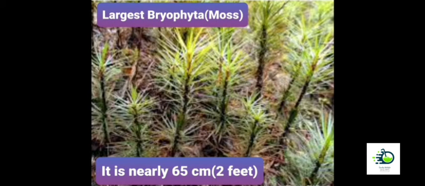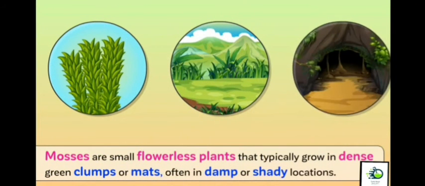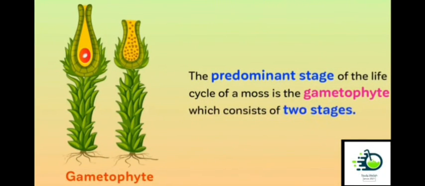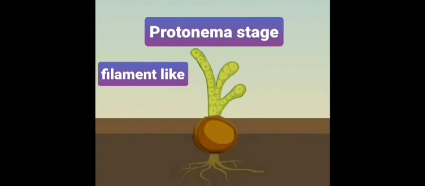Mosses are small flowerless plants that typically grow in dense green clumps or mats, often in damp or shady locations. There are two predominant stages in the life cycle of a moss. The gametophyte consists of two stages: the protonema and the leafy stage. The protonema stage is filament-like.